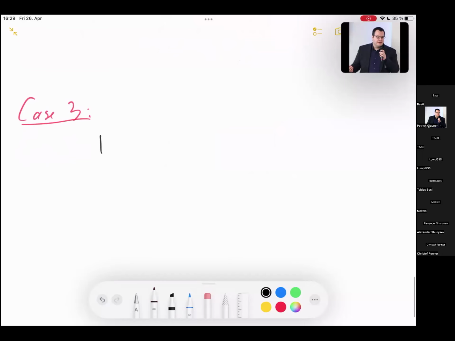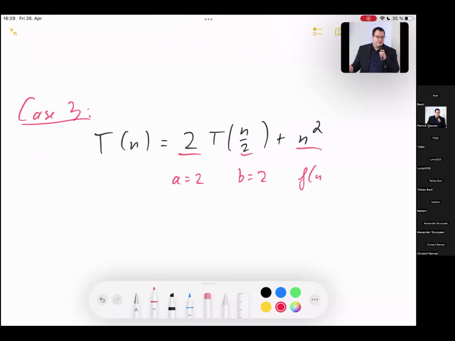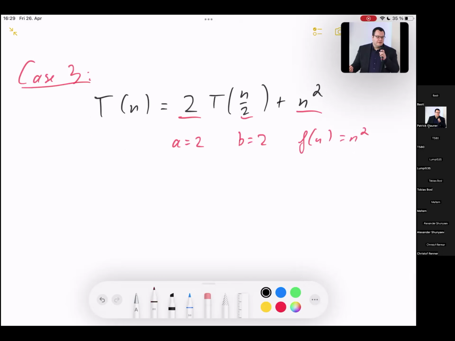Our recurrence relation is T of n is 2 times T of n half plus n squared. And again, we find our components. A is 2, B is 2, and f of n is n squared. So we can say that f of n is omega of n to the power of c, where c is 2.